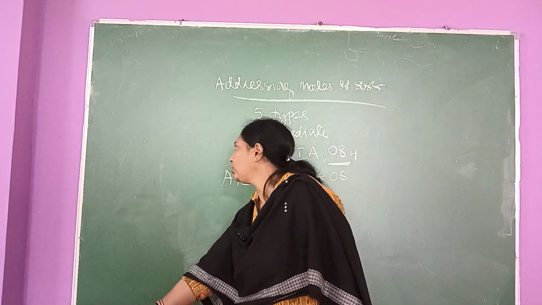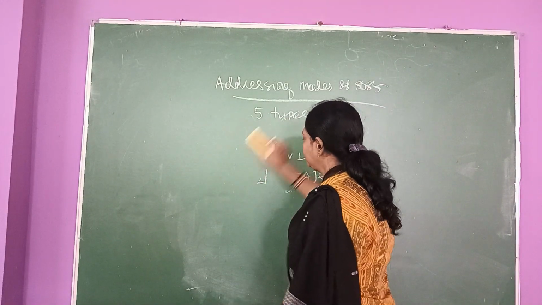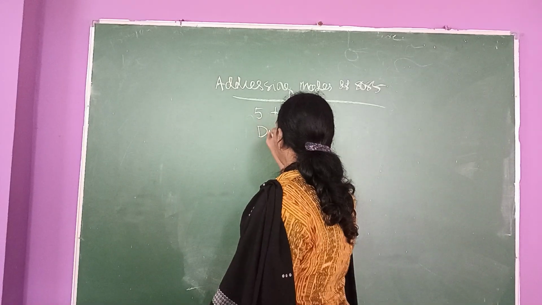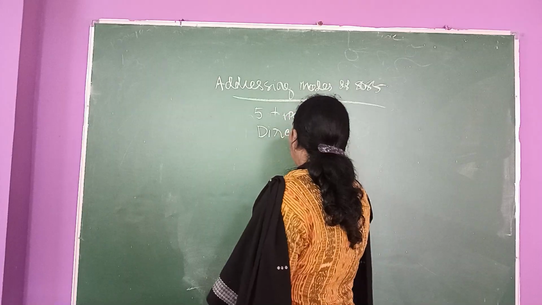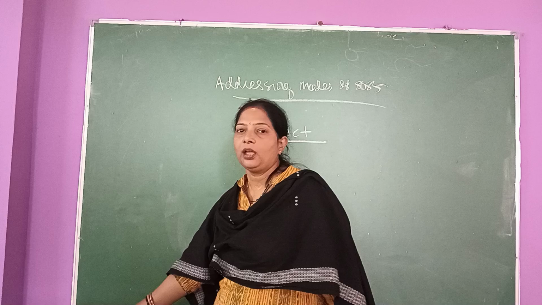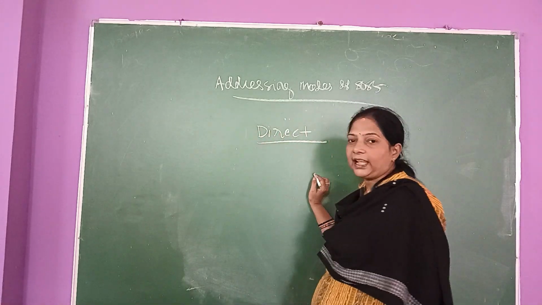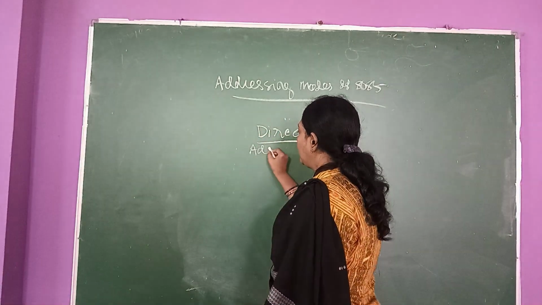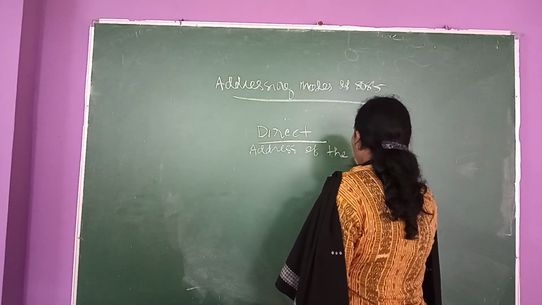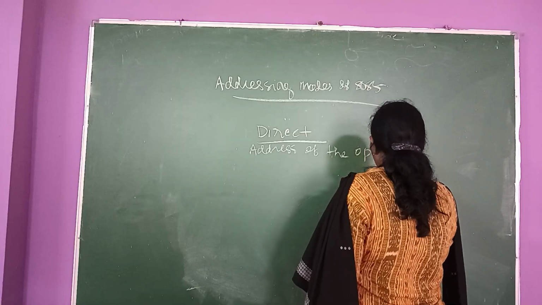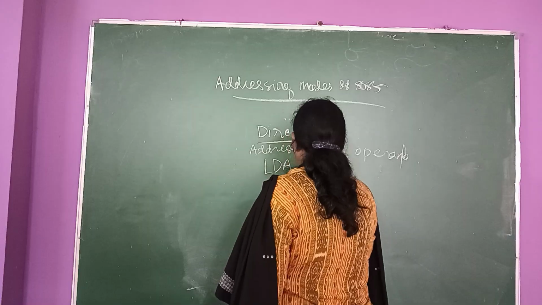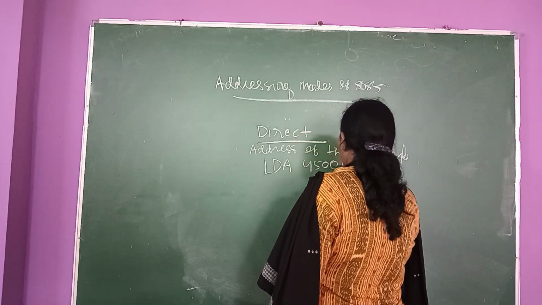Then we will go to the direct addressing mode. In case of direct addressing mode, the instruction contains the address of the operand. So we will take an example. The example is LDA 4500H.